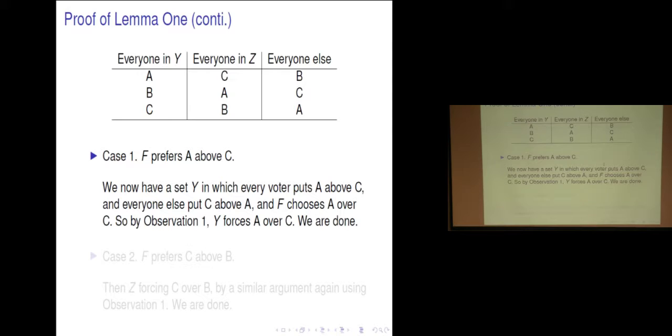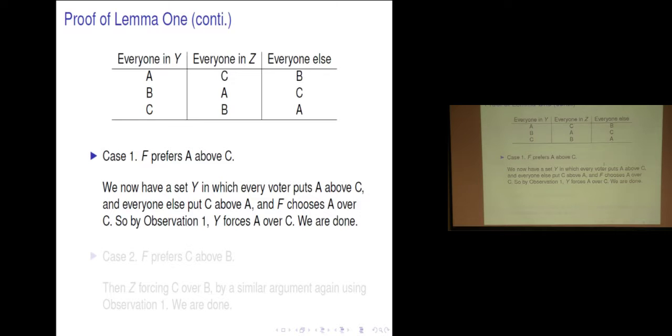F goes A over C. So by observation 1, which we looked at 5 minutes ago, which has 1, 2, 3: 1 says everybody inside the set prefers A over C. Number 2 says everybody outside the set does the opposite, prefers C over A. And luckily F goes with the person in the set.